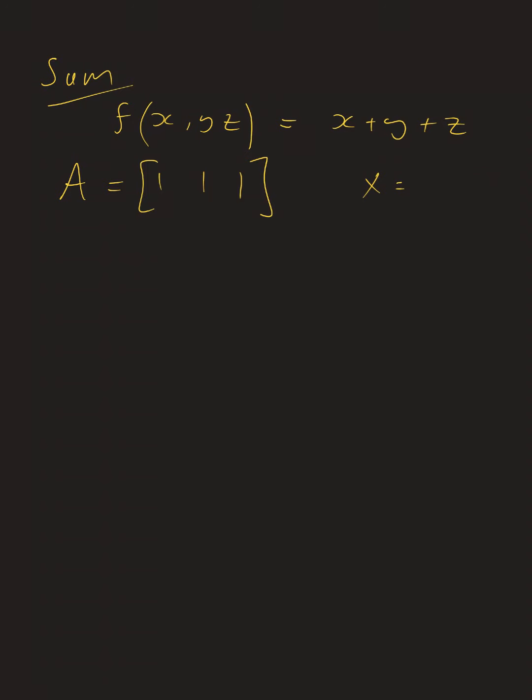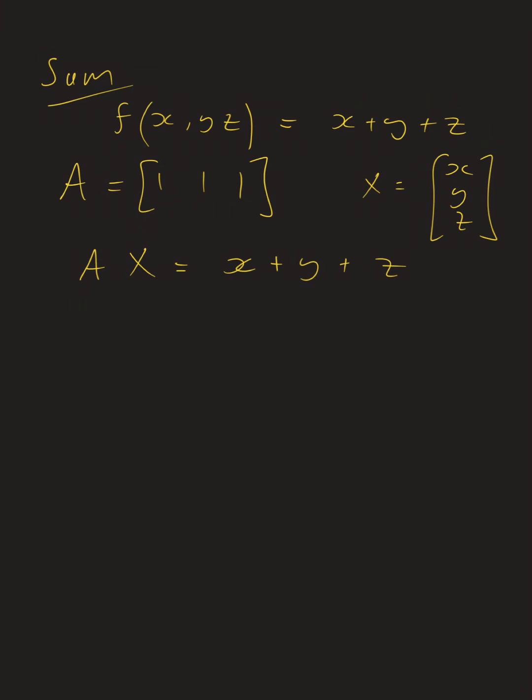And our x then again is still just x, y, z, those 3 variables gathered up into a matrix. So let's multiply that out. Ax is, as expected, just x plus y plus z. So the appropriate matrix for a function that just sums your variables will be 1, 1, 1.